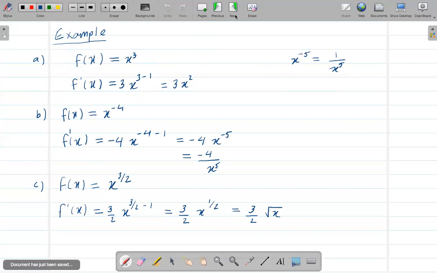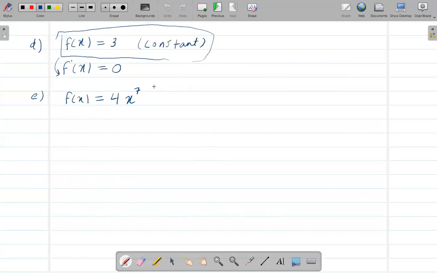But now I have something in the front, some number. So in this kind of case, let me explain something here. If I have f of x is equal to some constant, some number, times some equation, similar to this condition, I have some number with some equation.